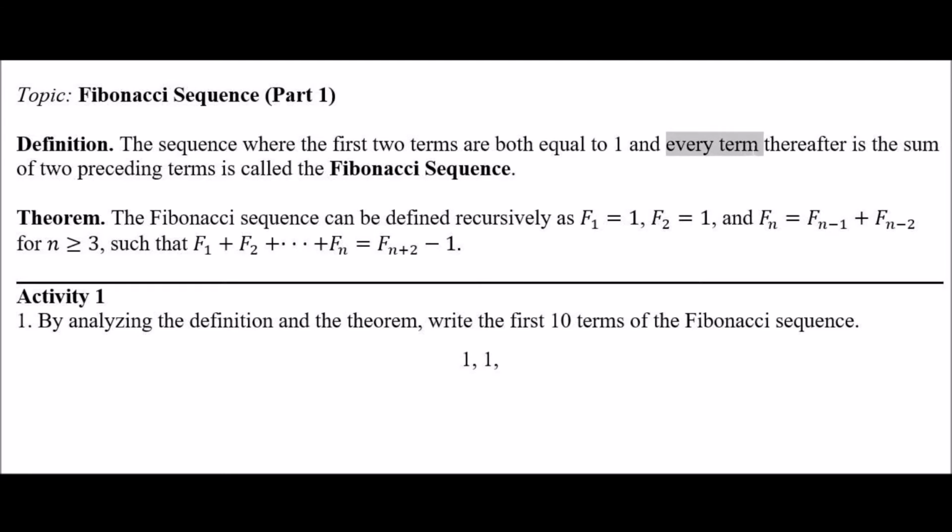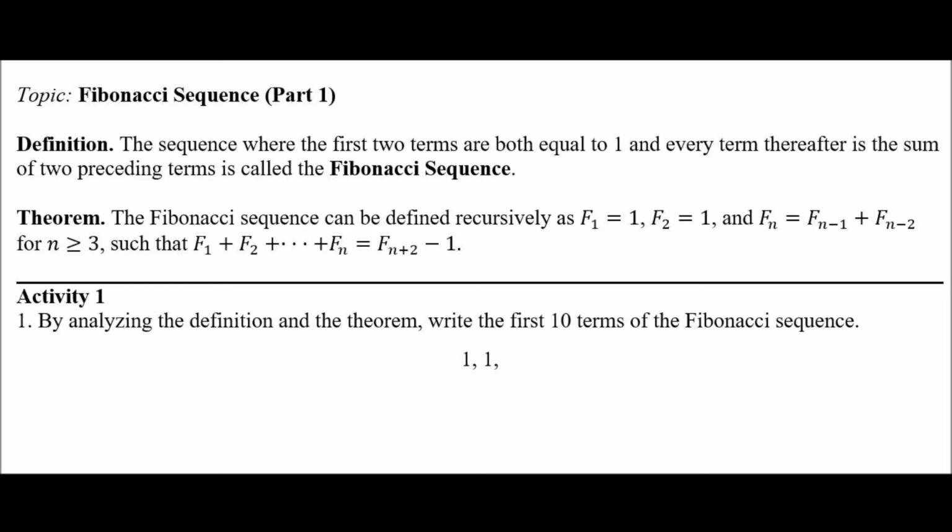And then according also to the definition, every term thereafter is the sum of the two preceding terms, meaning to get the third term, we just need to get the sum of the two preceding terms.